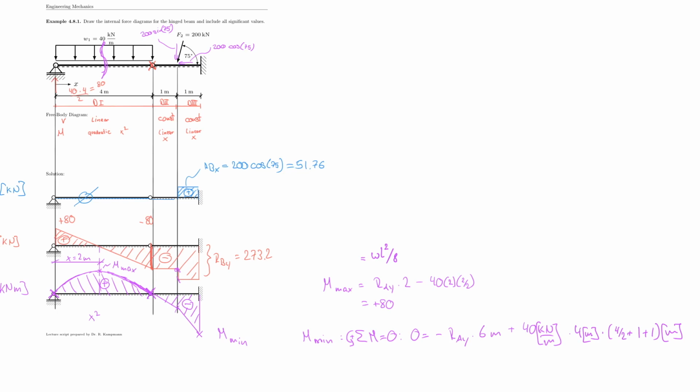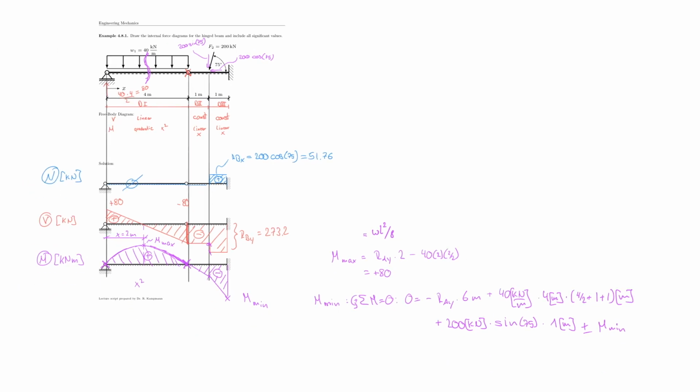And then also plus 200 kilonewton times cosine, sorry, no, that's not right, sine 75 multiplied by 1 meter. That's the lever arm. And then plus the moment, right? Plus M min, plus minus M min, depends on which direction you rotate it.